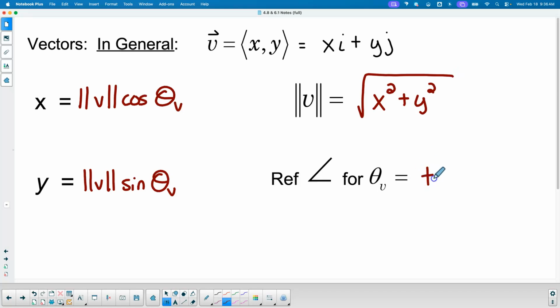And our reference angle is going to be the inverse tangent of y over x, and we're going to drop any negative signs. Everybody good?